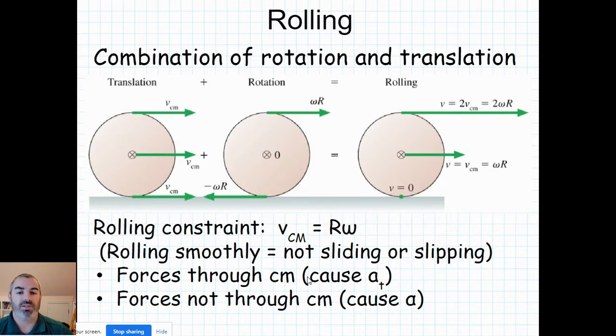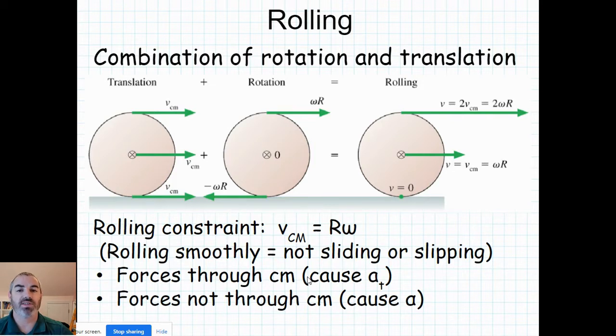Now, if we look at this slide, this is looking at what it means to have an object rolling without slipping. The translational motion is the same, whether it's the center of mass, the top of the sphere, or the bottom of the sphere. If we look at the rotational speed, at the top it is towards the right, and at the bottom it is towards the left.